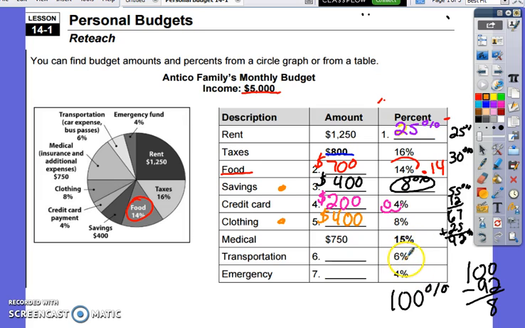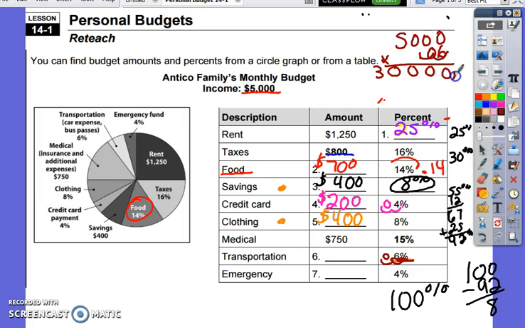So now let's figure out what 6% is, for transportation. So I'm going to take my $5,000 and I'm going to multiply it by 0.06. I took my 6% and changed it to a decimal. 6 times 0 is 0, 6 times 0 is 0, 6 times 0 is 0, 6 times 5 is 30.